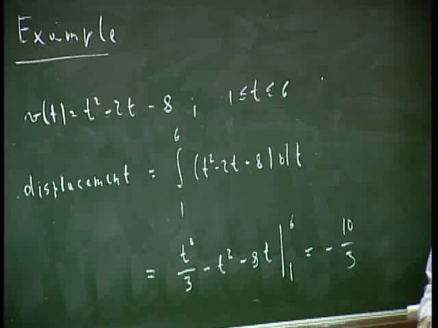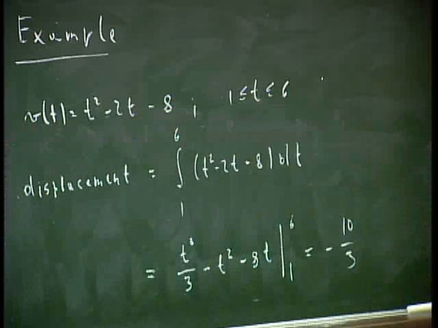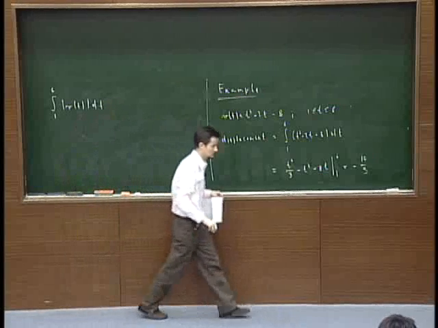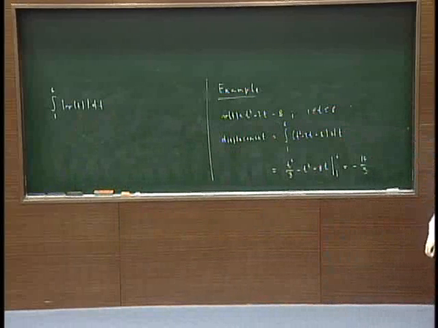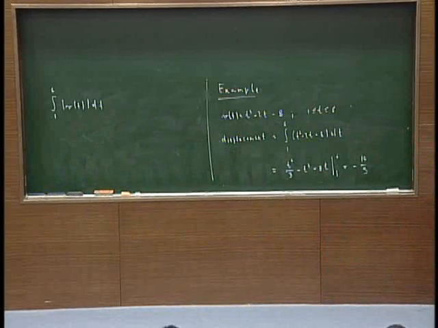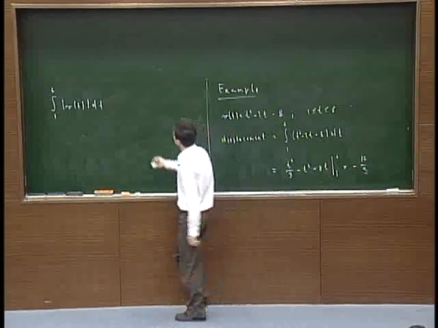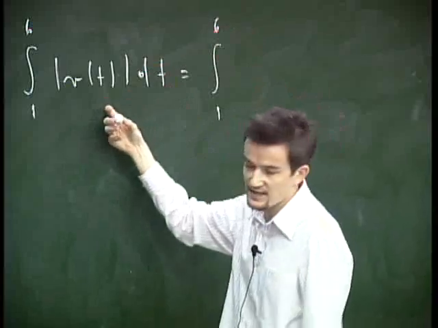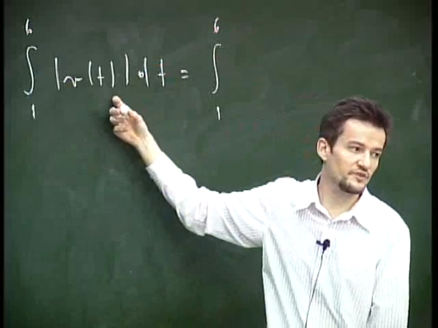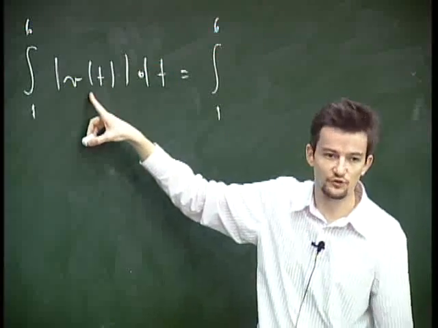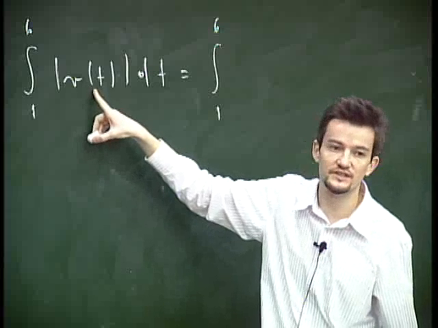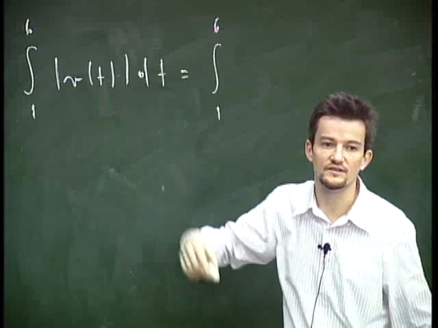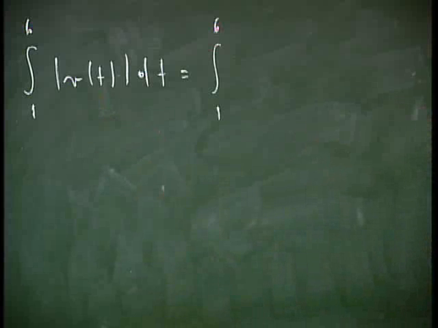But if you want to compute the distance traveled, then you have to look at the absolute value. So you have the integral from 1 to 6 of the absolute value of the function. I should mention that the absolute value here does not pose any problem for the definition, because this function is certainly continuous. If v of t is continuous, the absolute value is continuous, and the composite function is continuous as well.